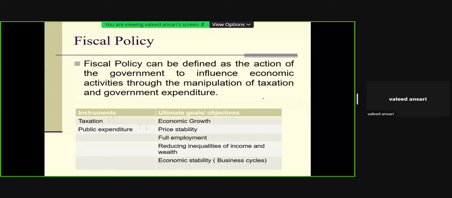And you may recall that fiscal policy, the definition as stated here, is action of government to influence economic activities through manipulation, not in the negative sense, but change in taxation and public expenditure.